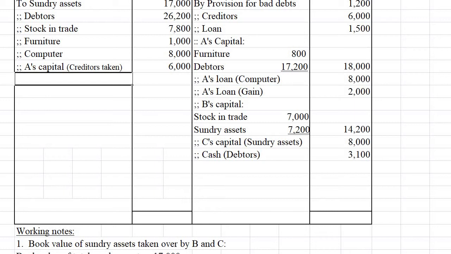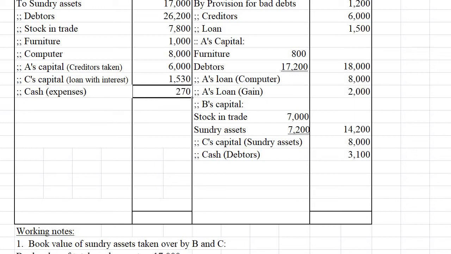So we can write C's capital, loan with interest 1,530. Okay. Now again it says that expense of realization was 270. That is paid by cash. So we will write to cash 270.